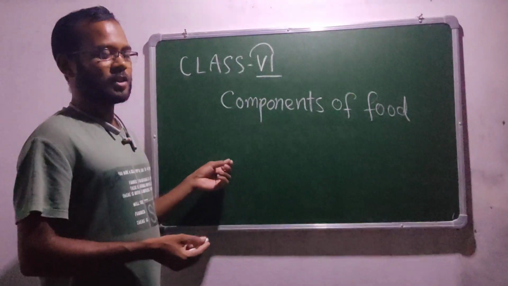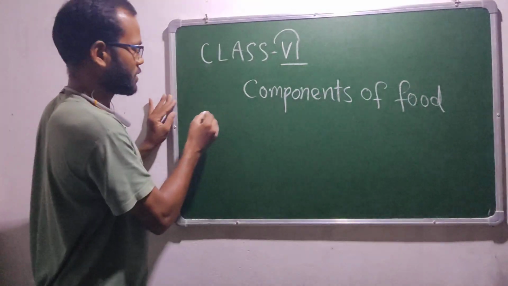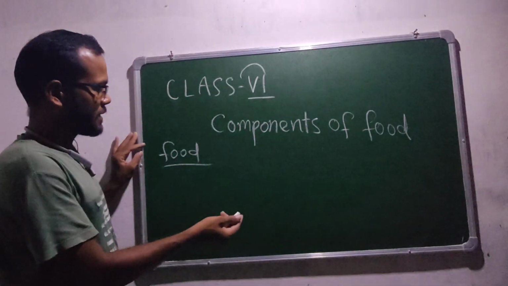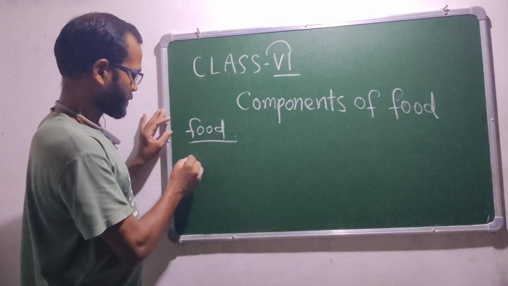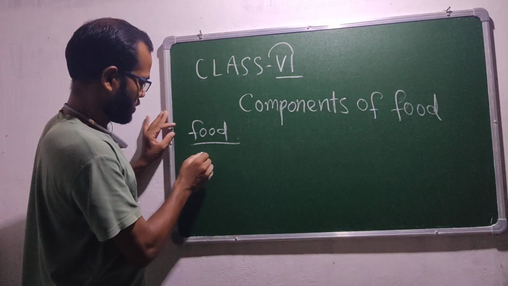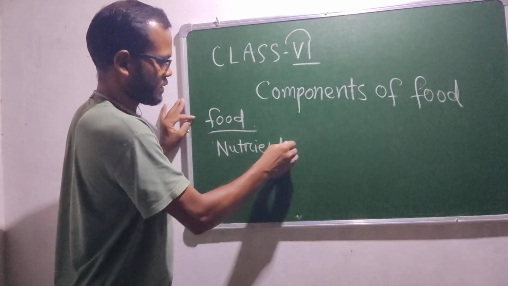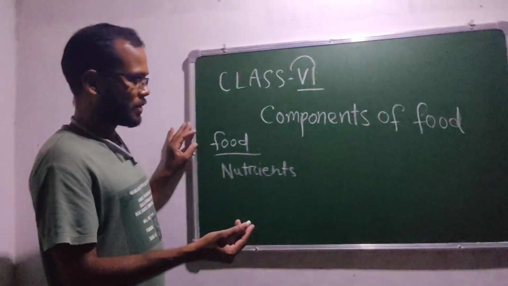So today we are going to discuss food: what is food, where do we get it, and what are nutrients. We have already discussed nutrients and the types of nutrients.